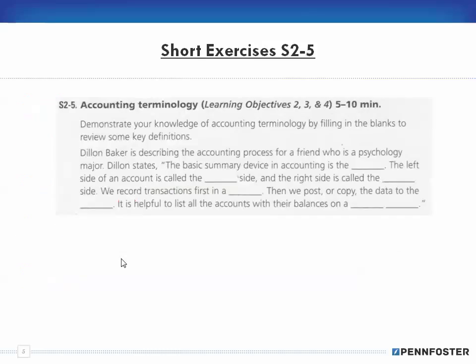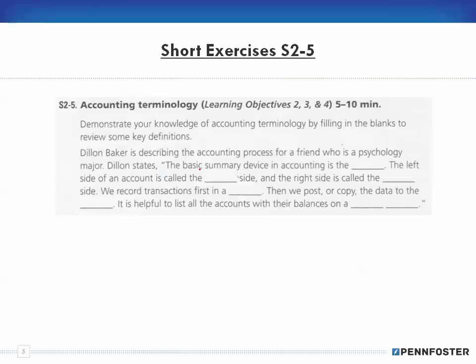Okay, 2-5. Demonstrate your knowledge of accounting terminology by filling in the blanks to review some key definitions. Dylan Baker is describing the accounting process for a friend who was a psychology major.